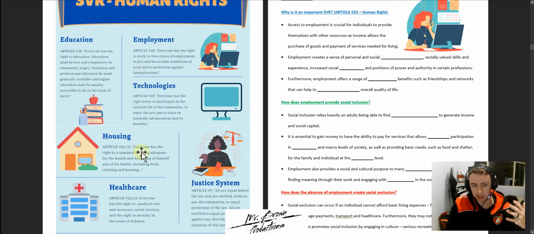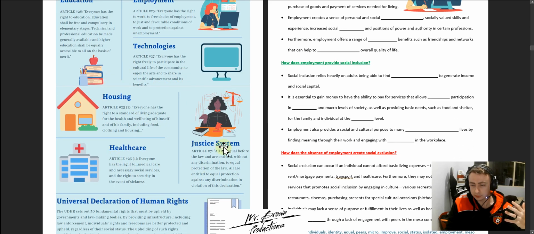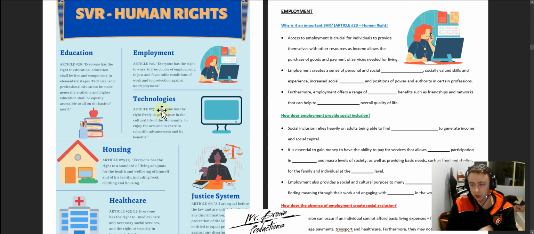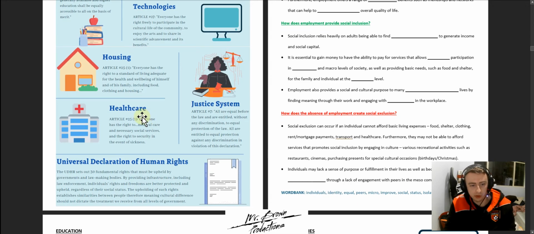So I've linked all the articles here that relate to our SVRs. So why that's important is that the upholding of these rights is what the whole world has agreed should be the absolute baseline and standard of living for everyone.